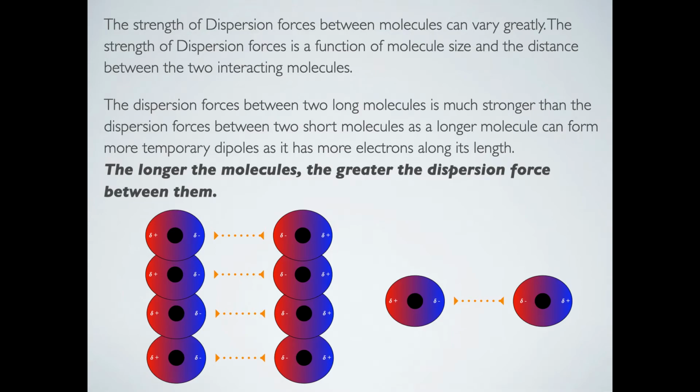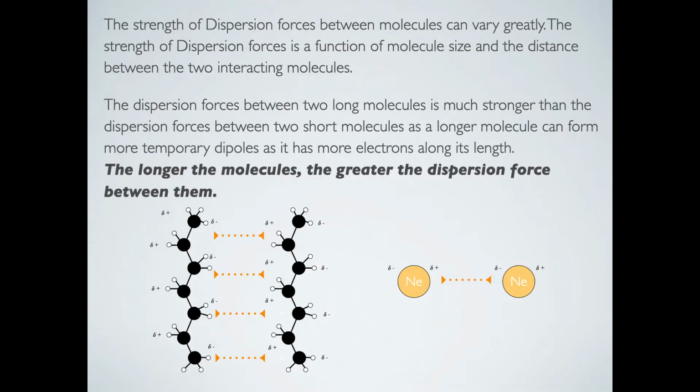But a short molecule has only a smaller amount of dispersion forces. On the right-hand side, I've only got 1 there, so there's only one dispersion force unit. So the longer the molecule, the more temporary dipoles, the stronger the dispersion force between them.